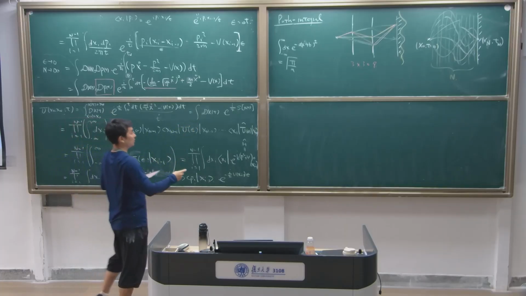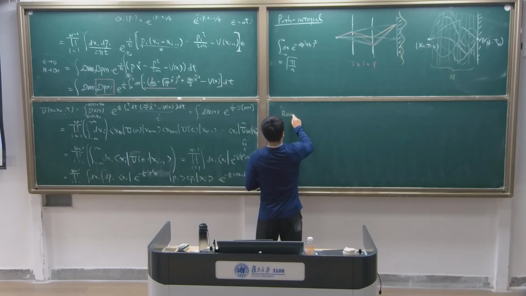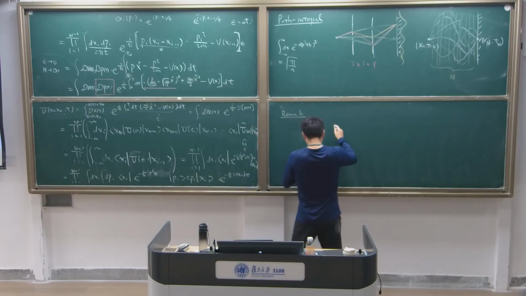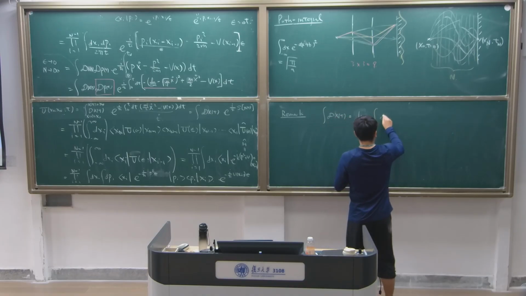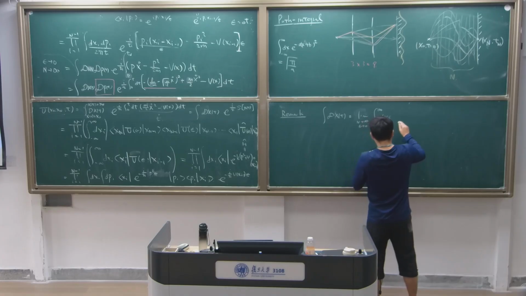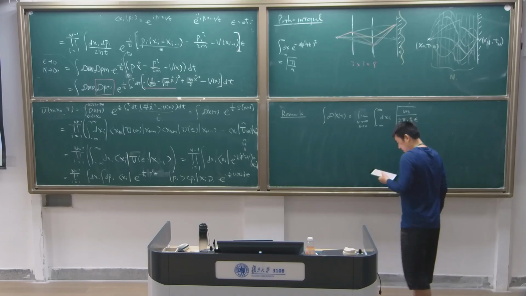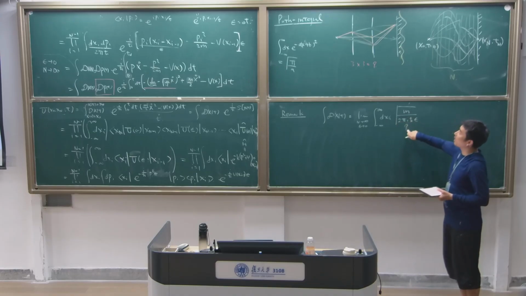In fact, for dxt you have to remark that dxt is in fact a measure coming from the Gaussian integral.